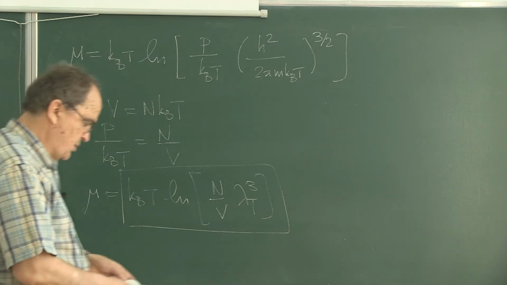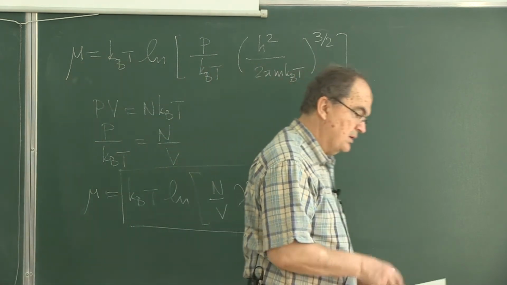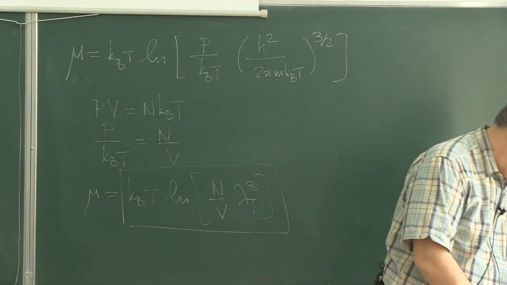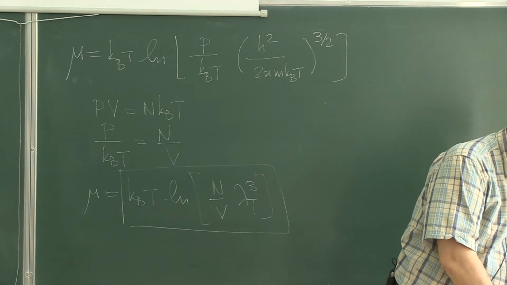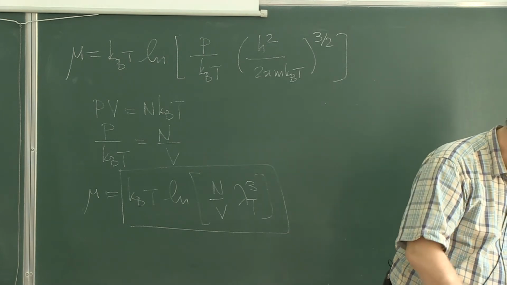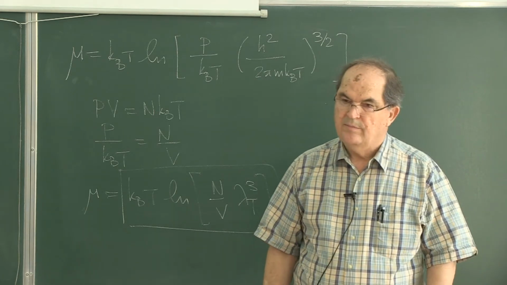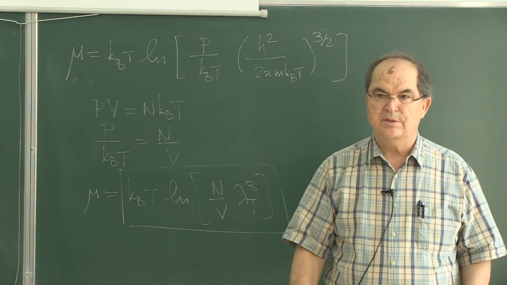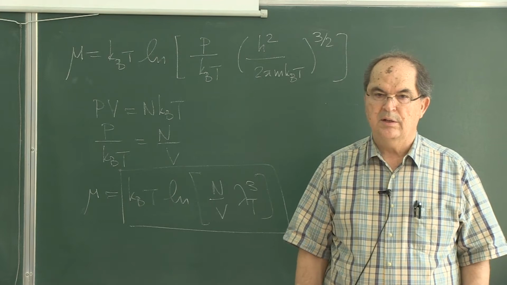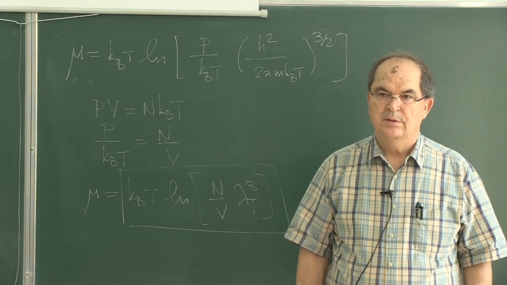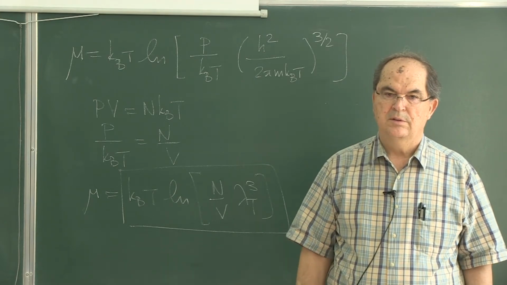You should also ask yourself questions about other quantities I didn't calculate. Explicitly, you can do everything yourself. Do you have any questions about the classical ideal gas? Is everything clear?